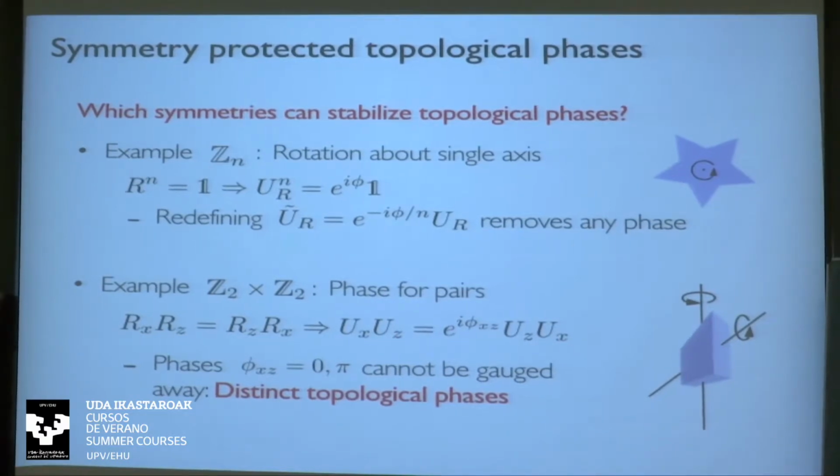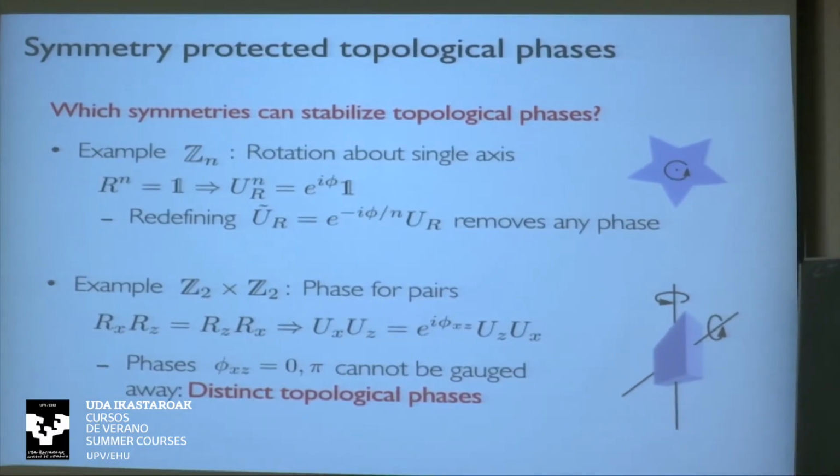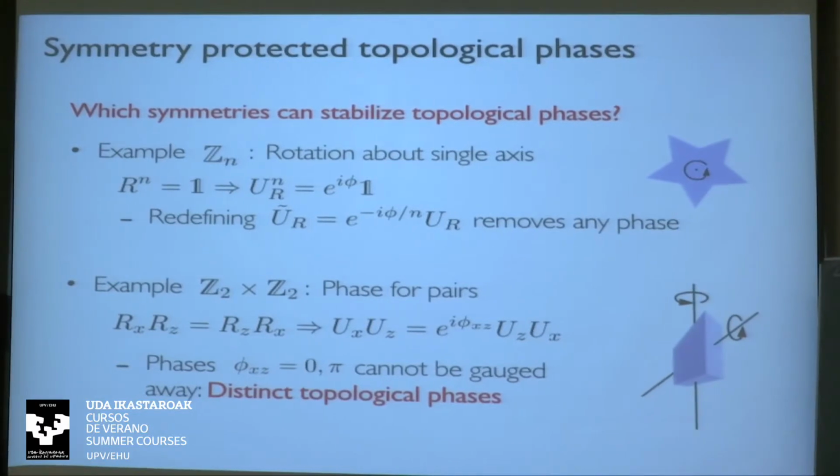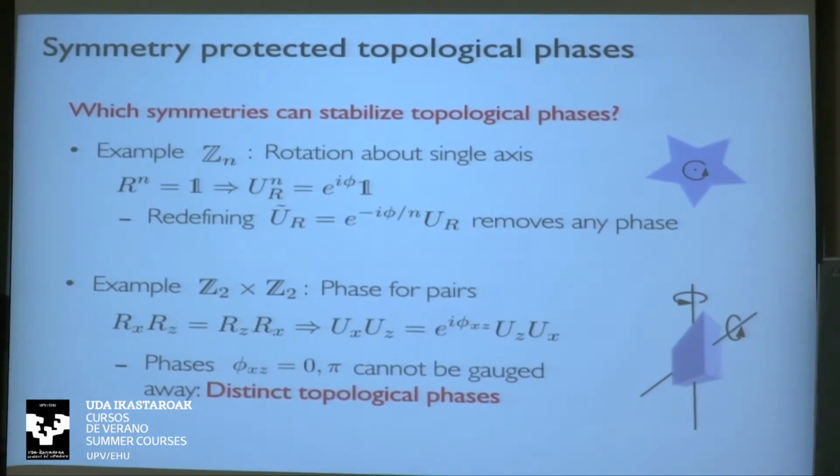In fact, this is something that you can do for any group, and there are books listing, for rather complicated groups, what kind of projective representations you can have and classifying them. But our main goal now is to classify different phases of matter.